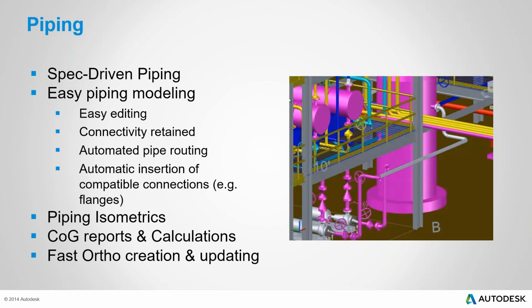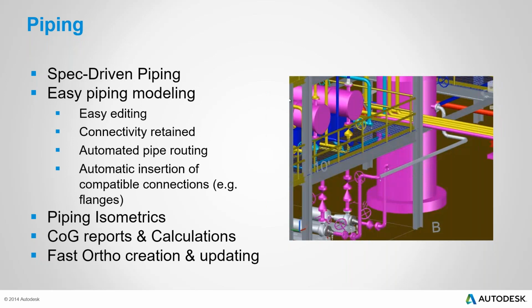The beauty is that the modeling of the pipe is quite easy. The connectivity is retained. While you're trying to place a pipe of a particular size, you could automatically insert the spec and catalog from the background, where we have defined the type of flanges or the type of valves to be utilized for your plant project.